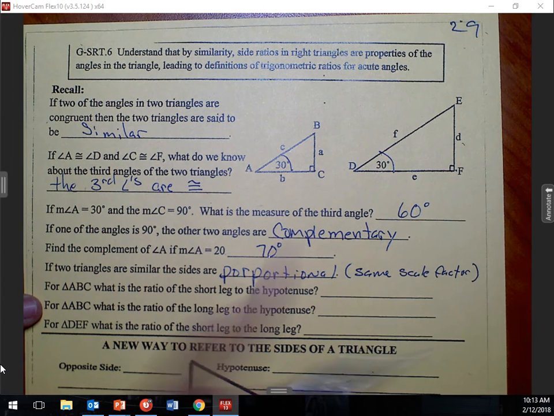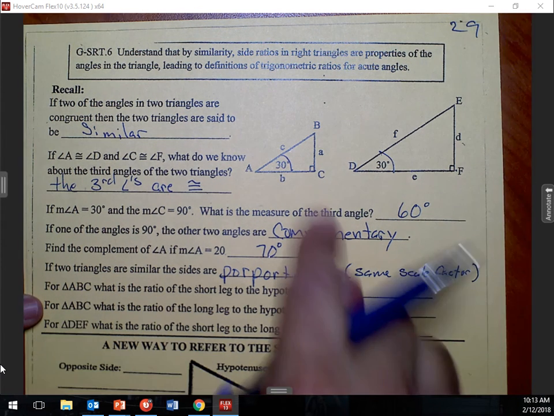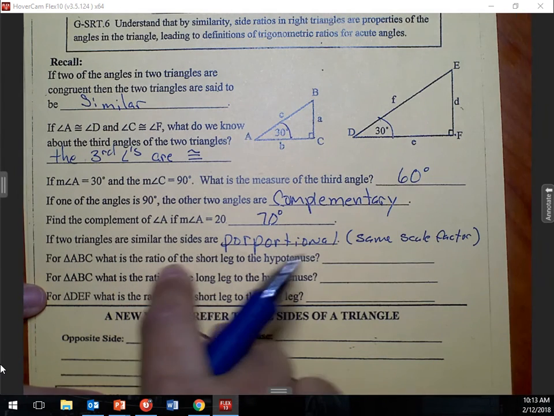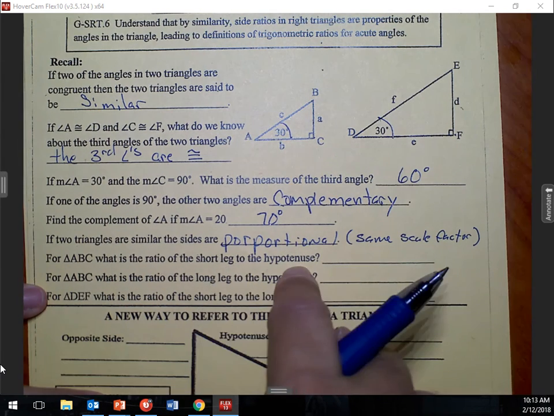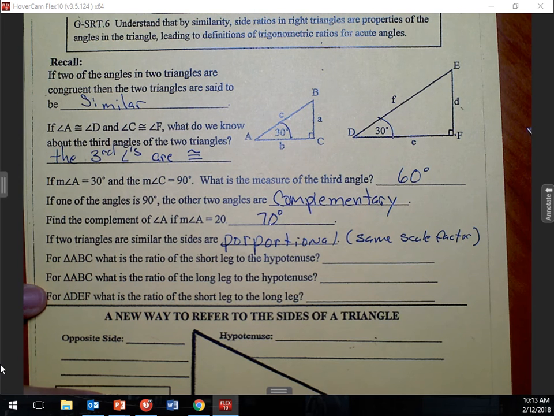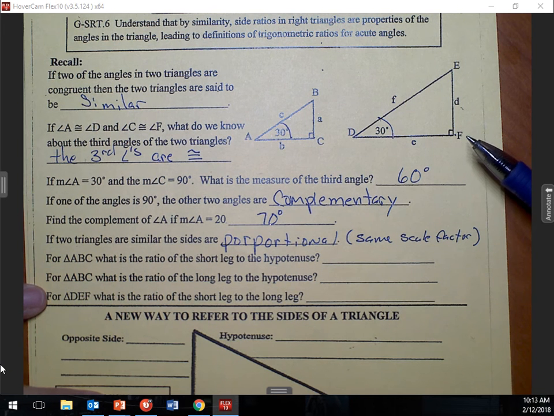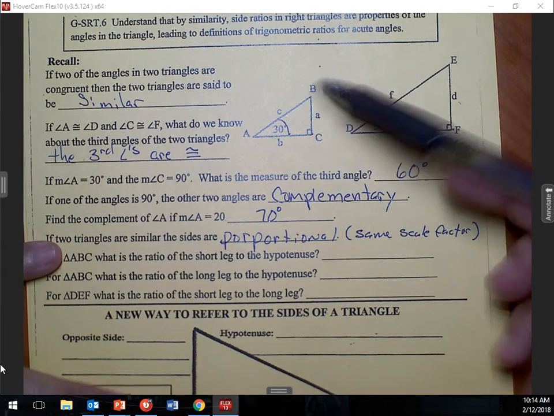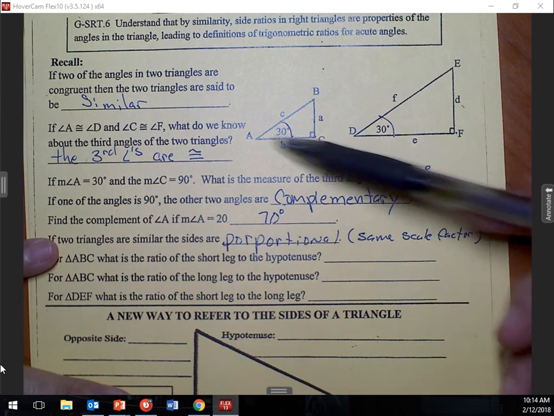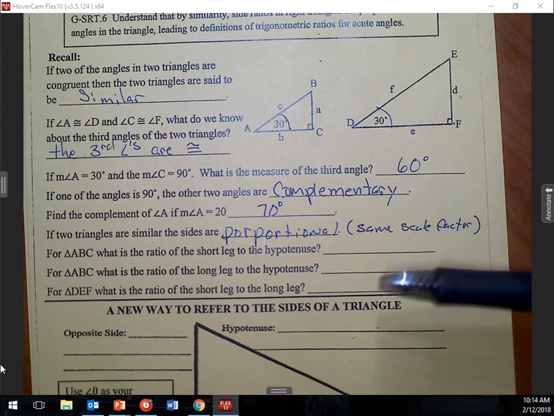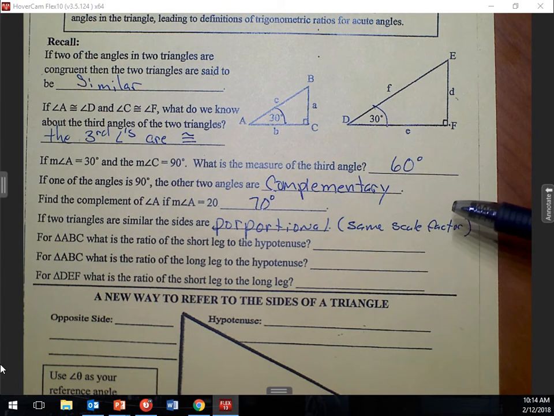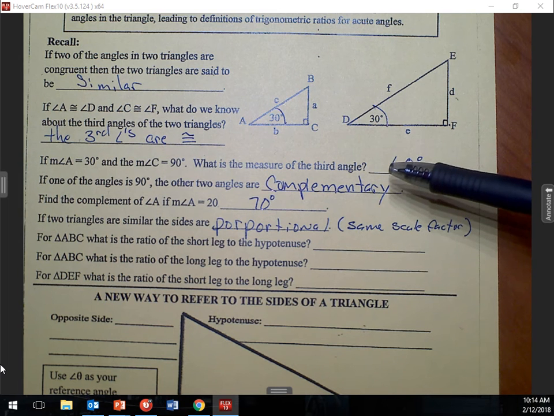Alright, same scale factor. For triangle ABC, that's this one right here, what is the ratio of the short leg to the hypotenuse? Now, which one's going to be the short leg? I don't know if you guys ever learned this before: in a triangle, the largest angle is across from the largest side.